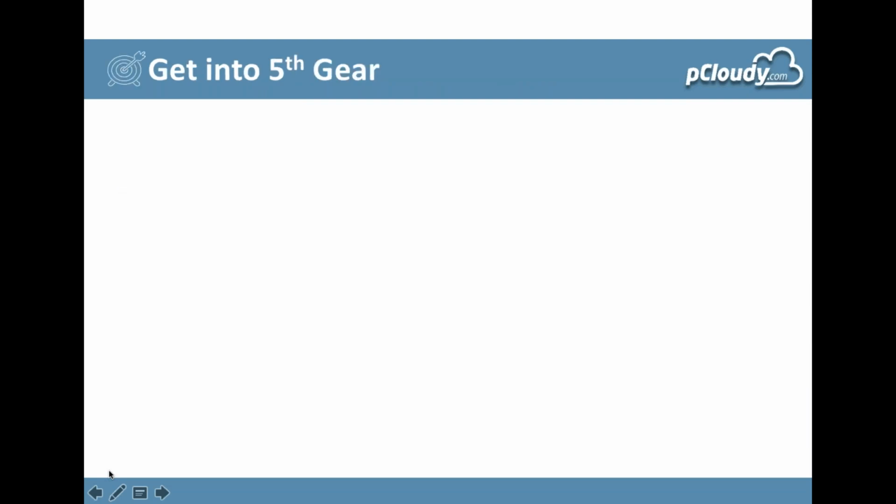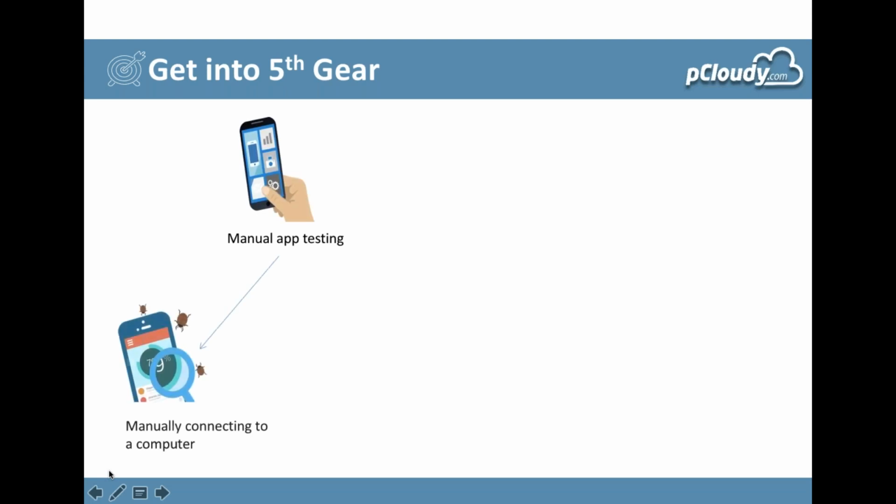Till now we were kind of driving our car in second or third gear, but what if you want to move to fifth gear? This is where our next feature, which is a kind of game-changing feature, I'll introduce to the audience.